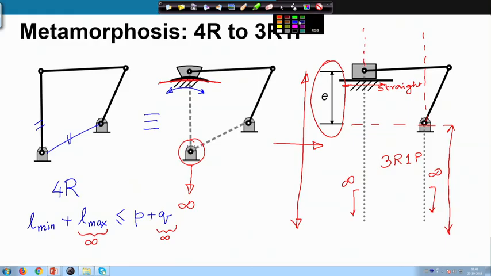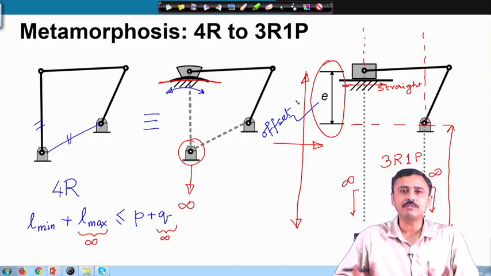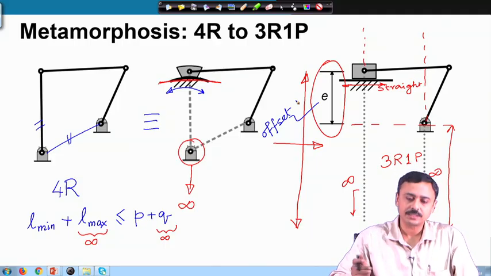We will call this the offset. The difference of these two lengths, which are now infinitely long, is E, which is the offset.